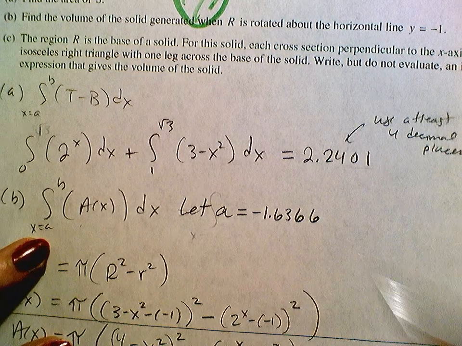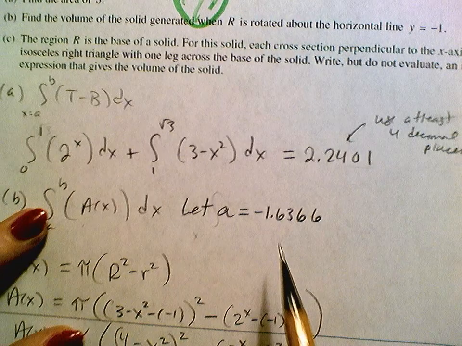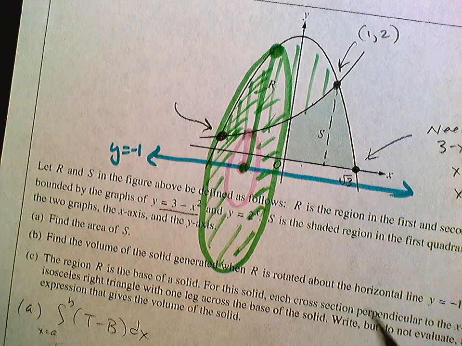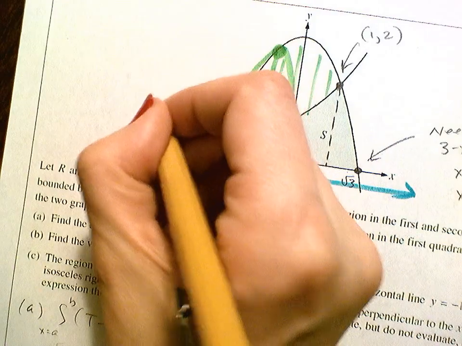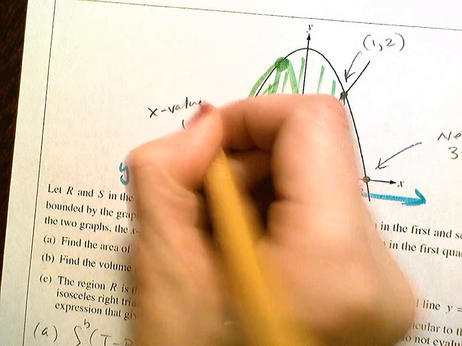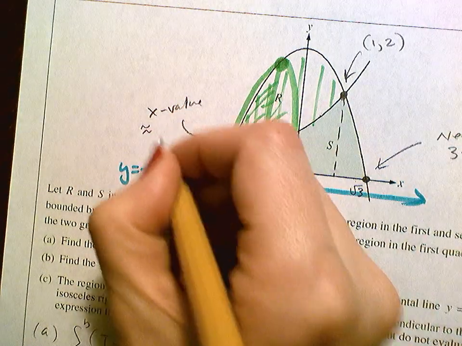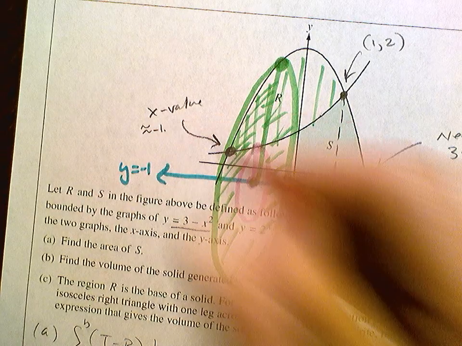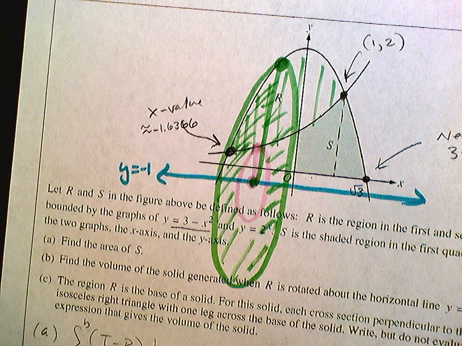I'll just round, okay? But we know our calculator has a better value stored. So this point has an x value approximately negative 1.6366, right there.